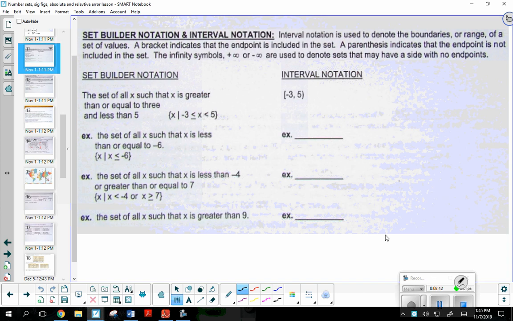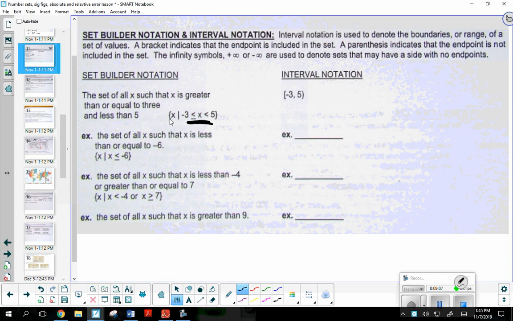Okay. So set builder notation, we've seen this briefly, but it's going to be in these squiggly brackets. This is read all X. Does anybody remember the 2-word phrase for that little vertical segment? Such that. There we go. So all values of X such that, and then we have our restriction right here. We see that X can only exist between -3 and 5 with -3 included.